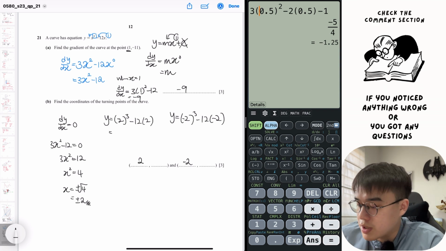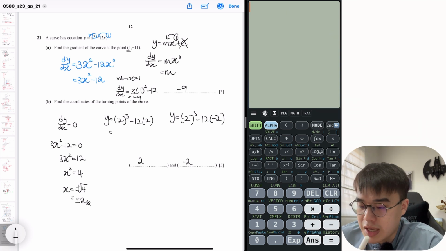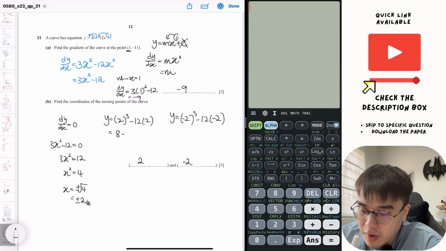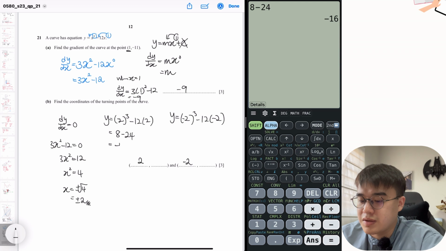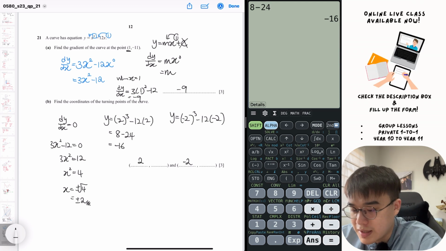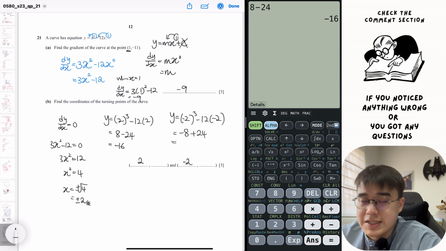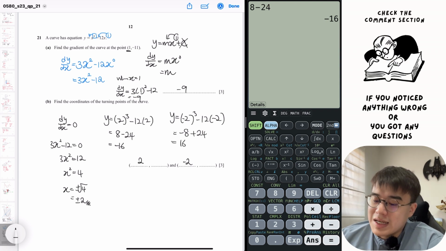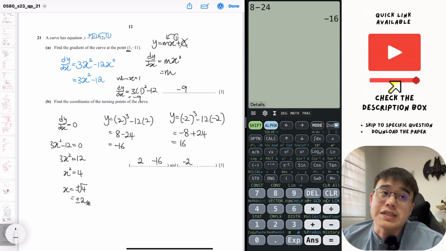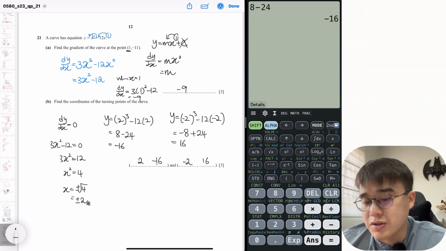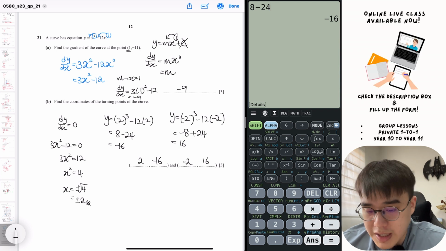So key it in your calculator and double check. 2 to the power of 3 is 8. 8 minus 24, you will get negative 16. On the other side, you will get negative 8 plus 24, which gives 16. So one is negative 16, one is positive 16. And this is how you solve this paper.